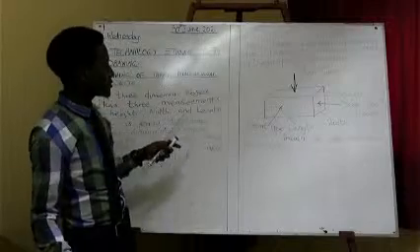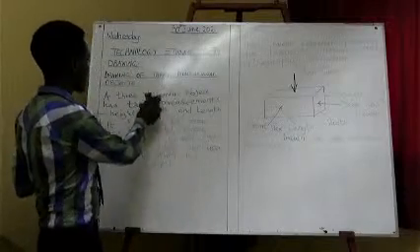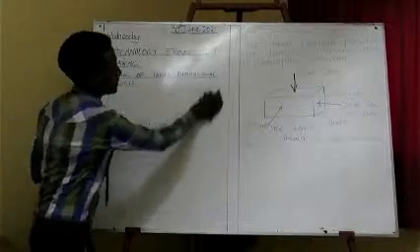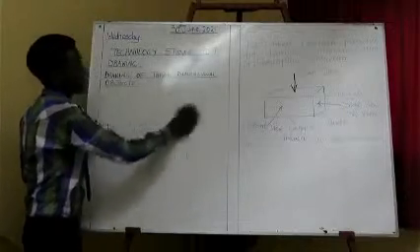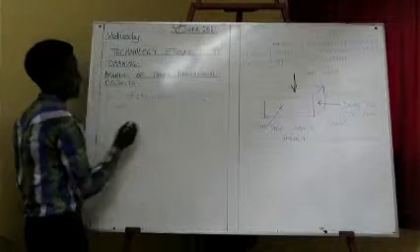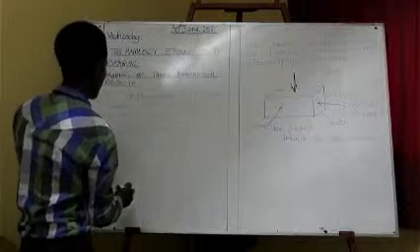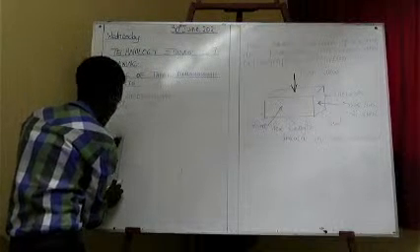I'm sure you have copied the notes from here. I'm going to draw the orthographic projection from this side, separate. I don't know, this space is not enough. A separate figure will be converted to orthographic projection.